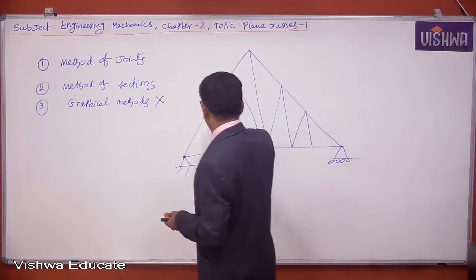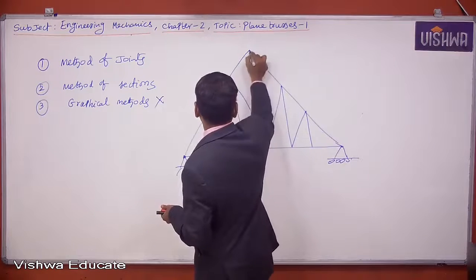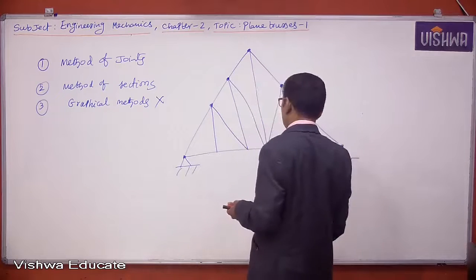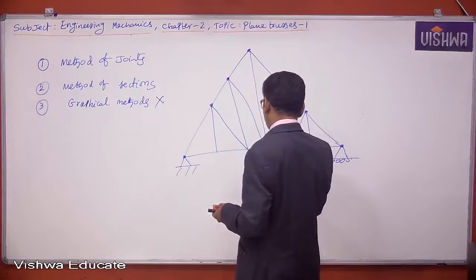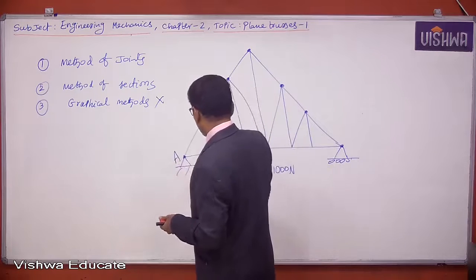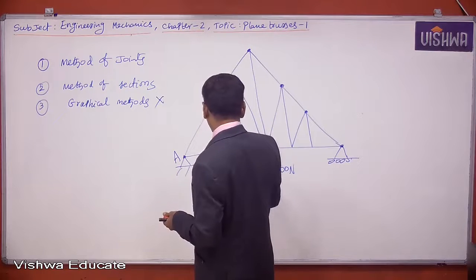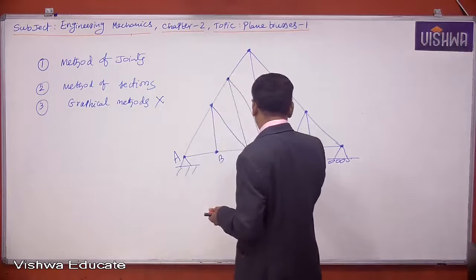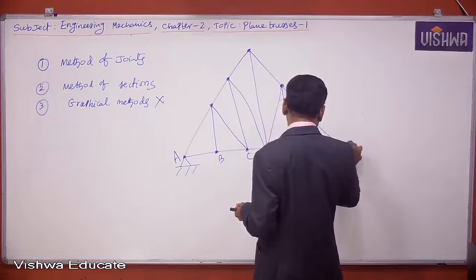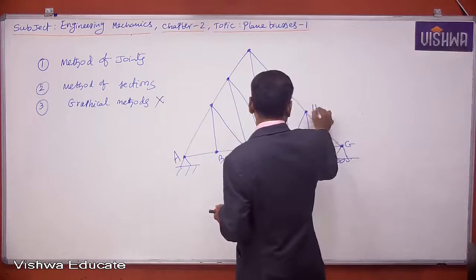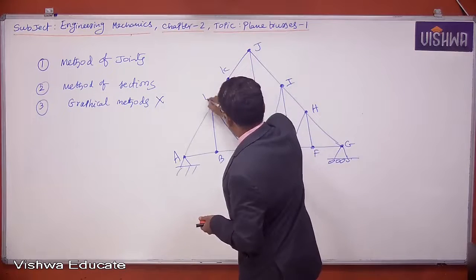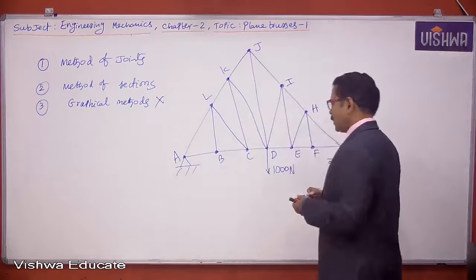So a truss is formed like this. Maybe somewhere here I am applying a load of 1000 newtons. This is joint A, this is joint B, this is joint C, this is D, this is E, this is F, this is G, H, I, J, K, L. Like this, a truss is formed.